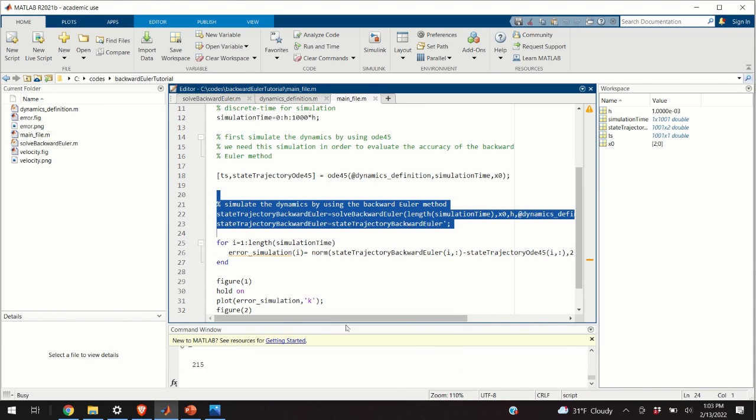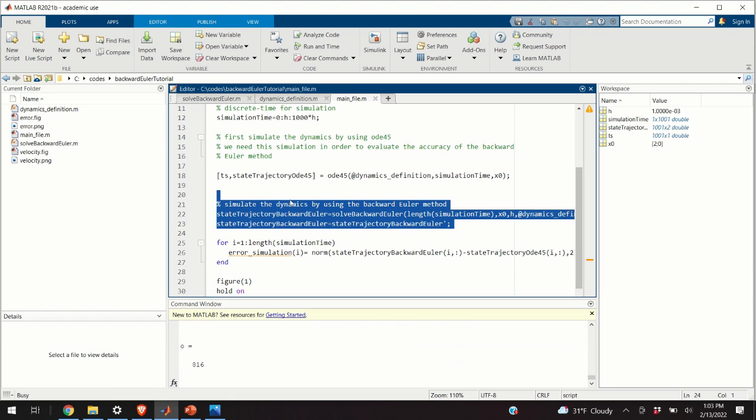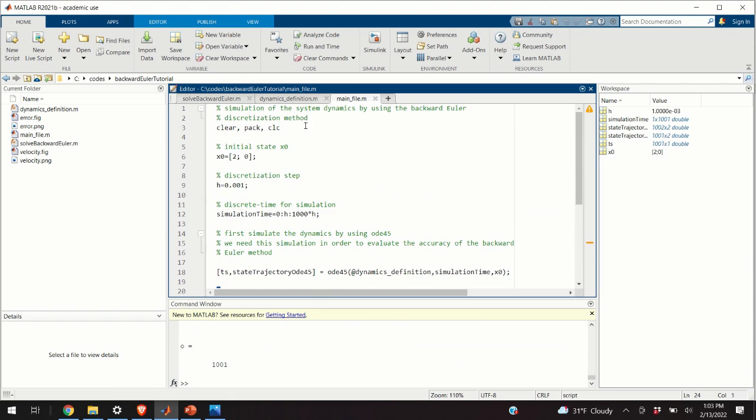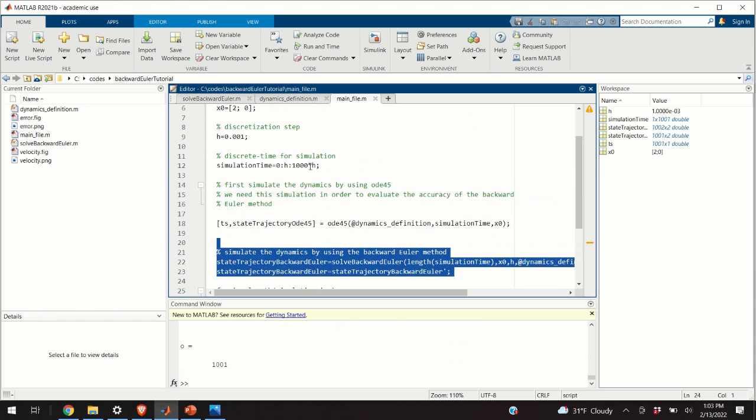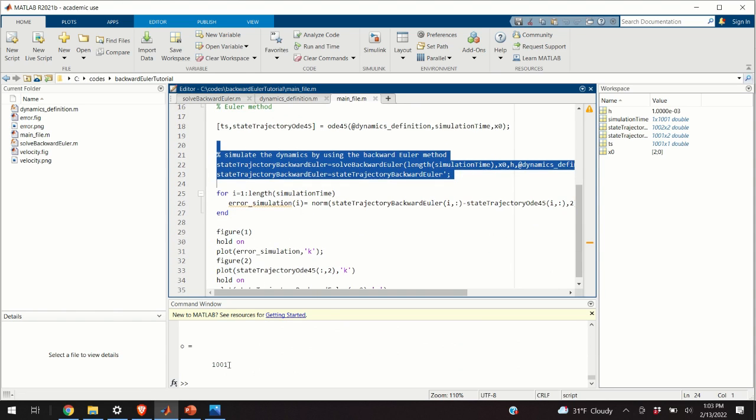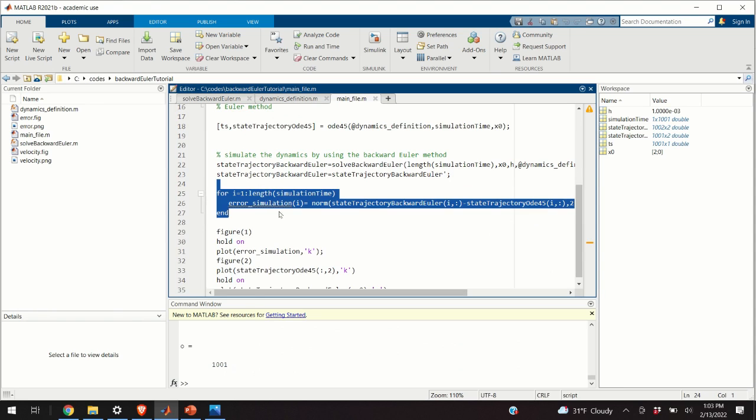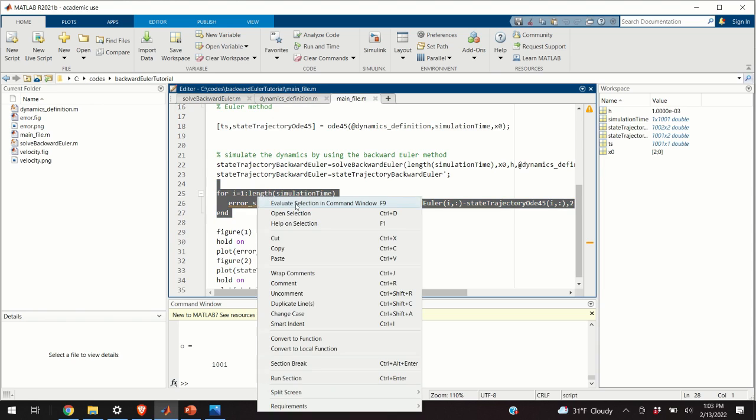And here it is. So the total number of discretization steps is 10,000, or actually 1,000 in this case. And here's the solution.